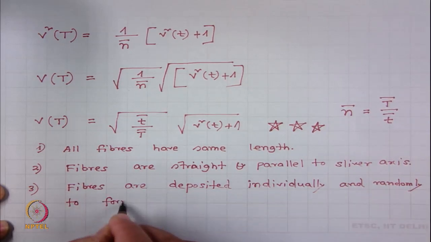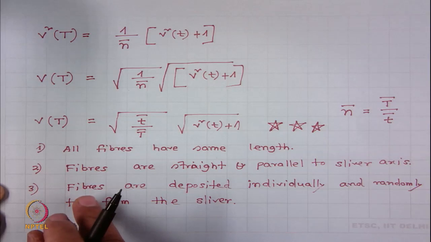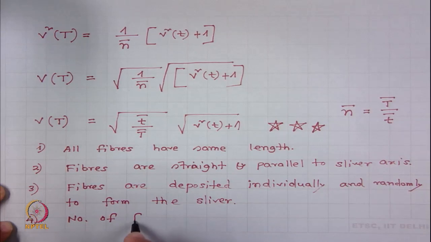To form the sliver. You remember these 3 were the basic assumptions of Martindale's model, and the fourth assumption, the number of fibers in sliver cross section follows Poisson distribution.